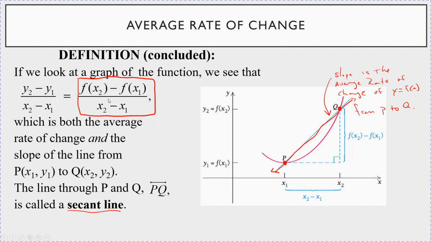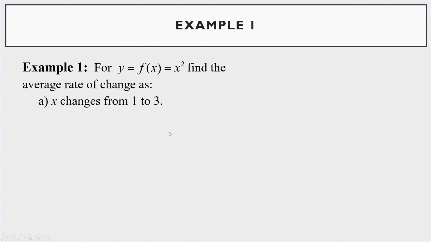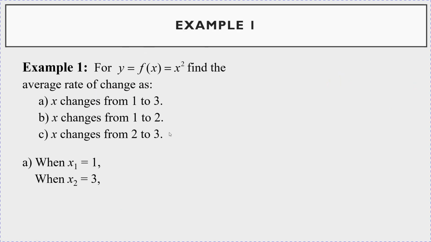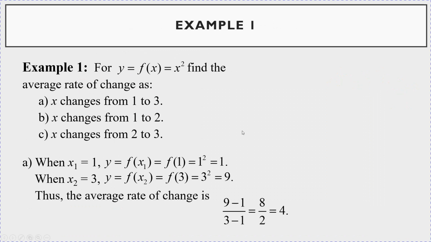Okay, so all it is is the slope formula, right? It's the change in the y variables over the change in the x variables. So look, when x is equal to 1 and when x is equal to 3, you can find the y values by just taking these x's and plugging them into the function, right? So when you take 1 into here, you get 1 squared. When you take 3 into here, you get 3 squared.